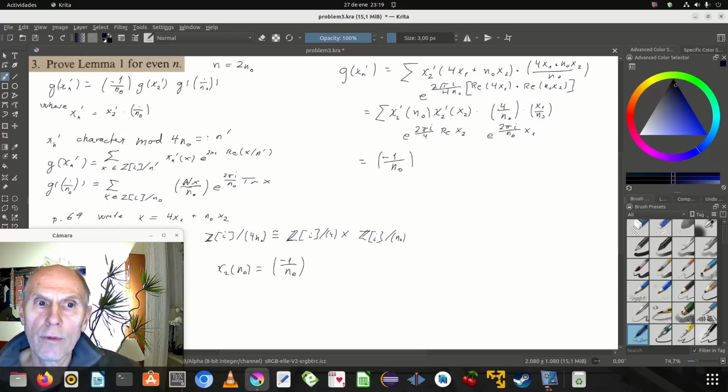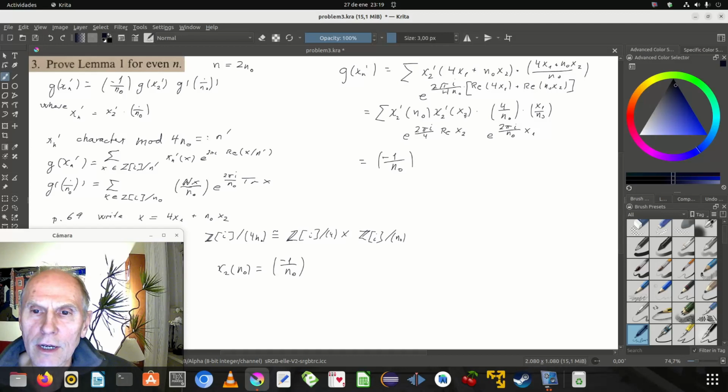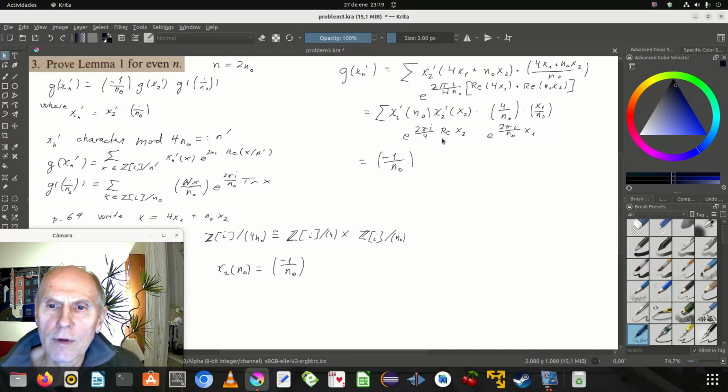And then 4, that is of course a square, so that's unity. Okay, and then this guy gives unity. So chi 2 times 1 divided by 4 real x2, that's g of x2 mark, or chi 2 mark.